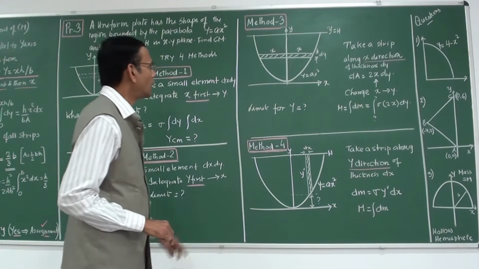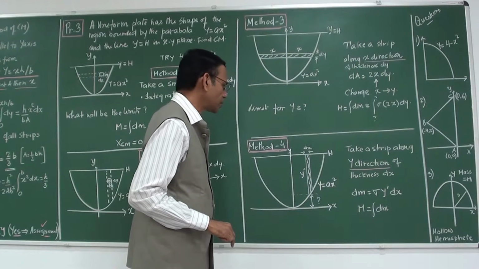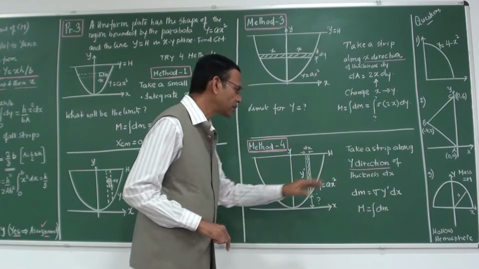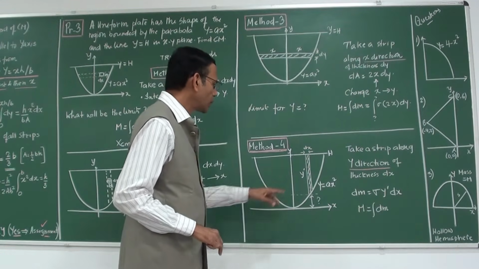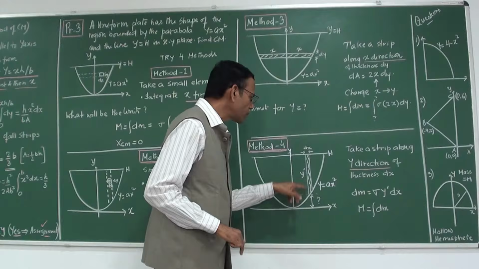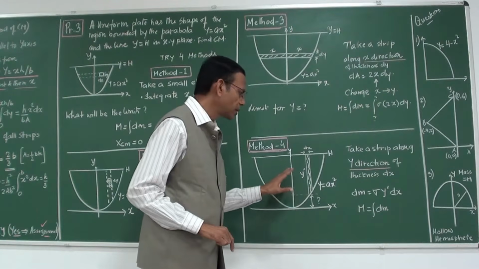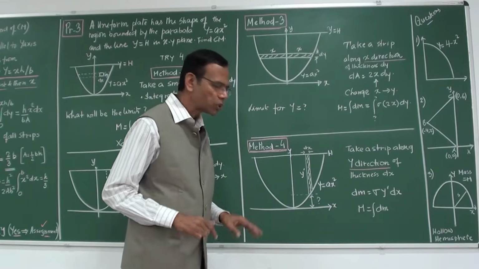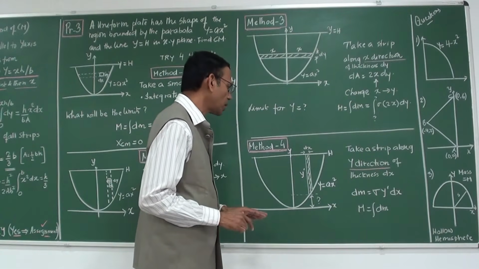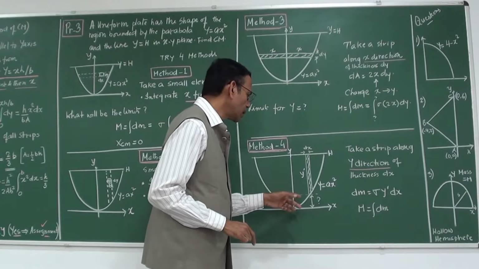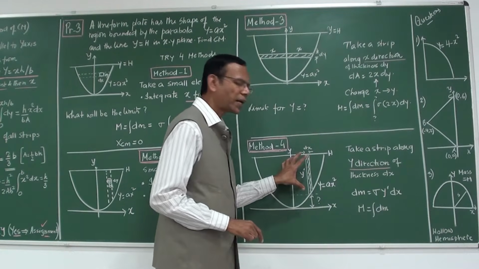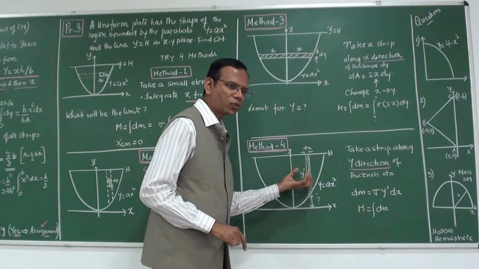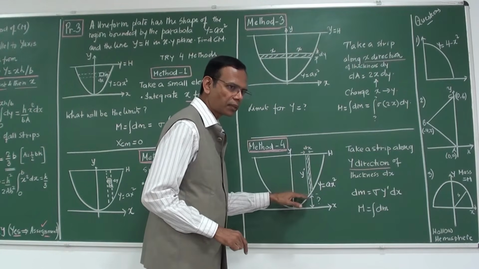But here the things are not like this, because when I am calculating y center of mass, I have to write y multiplied by dm. Obviously we can calculate the mass m, but if I try to calculate the y coordinate of the center of mass, then when I write y multiplied by this particular strip, that means the y of that strip, but the y of that strip is changing.